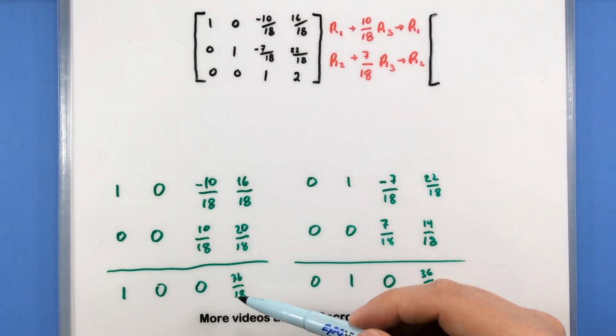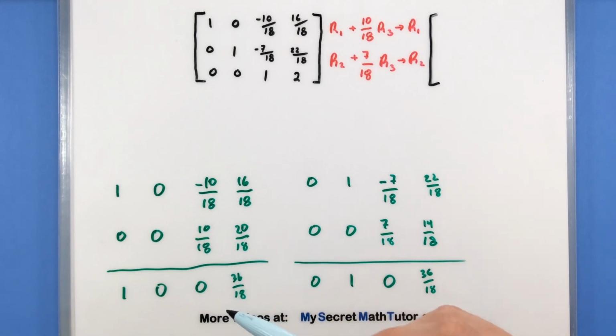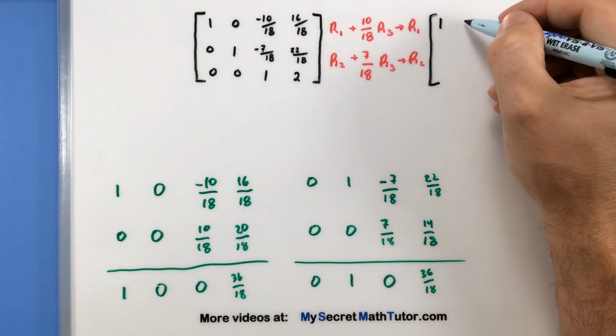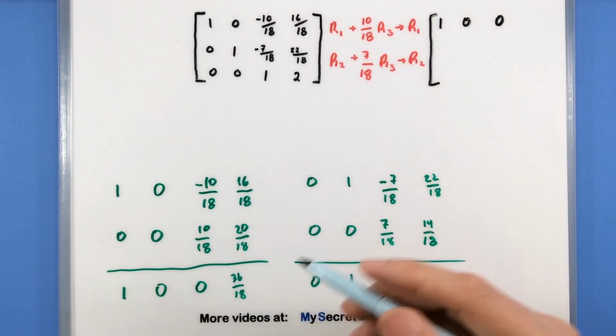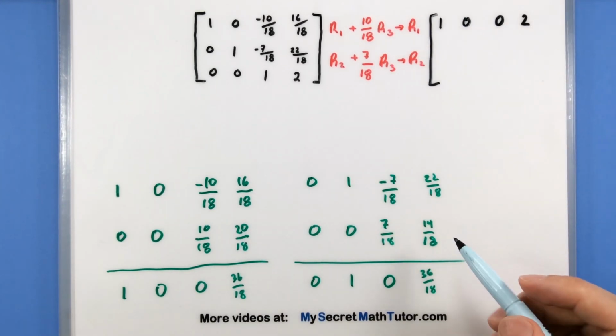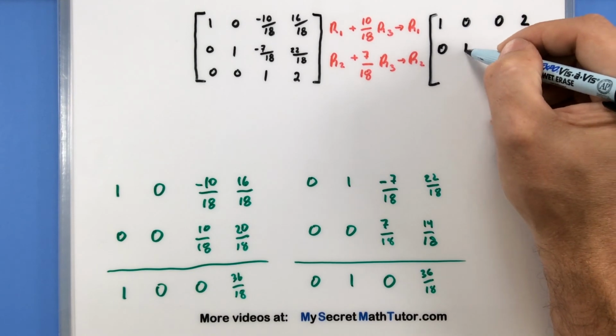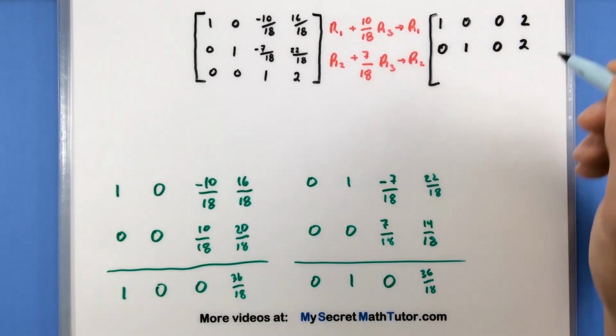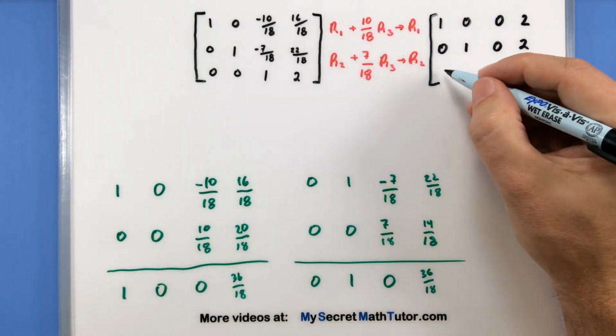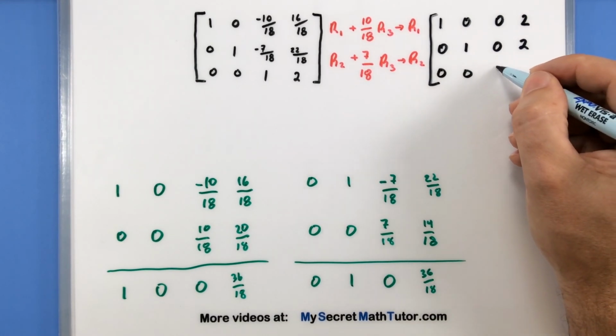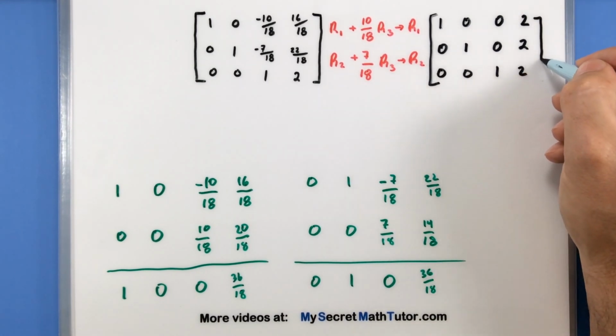So these were to give us a new row 1. So 1, 0, 0. This reduces to 2. All of this work was to give us a new row 2. So 0, 1, 0, and that reduces to 2. And the last row, we haven't done anything to that, so we'll leave it exactly the same.